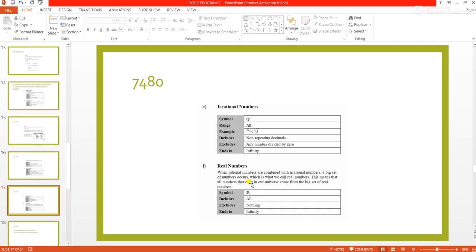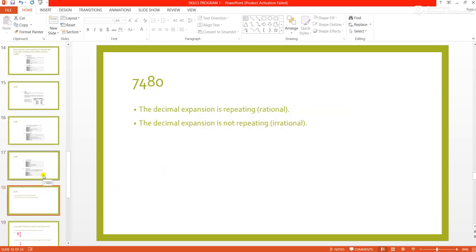Irrational numbers. So these are non-repeating decimals. It excludes any number divided by 0. The range is all irrational numbers where your numerator is bigger than the denominator.